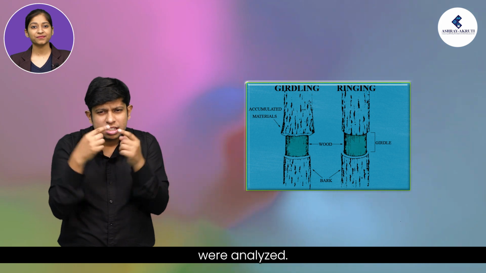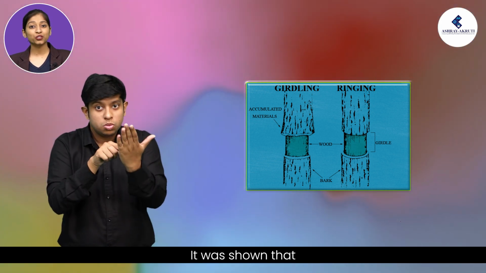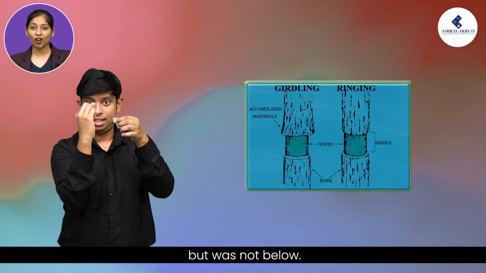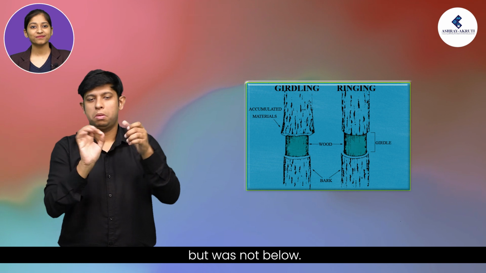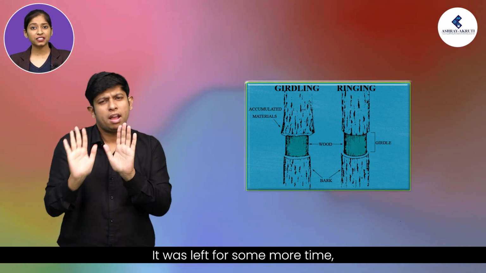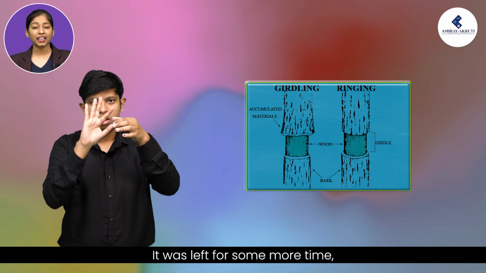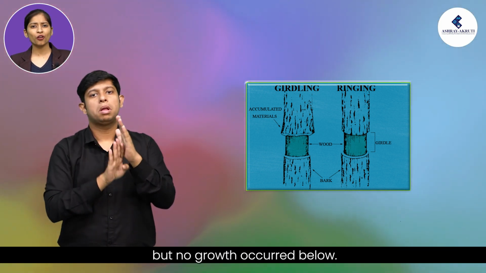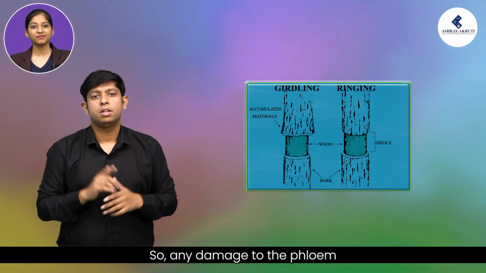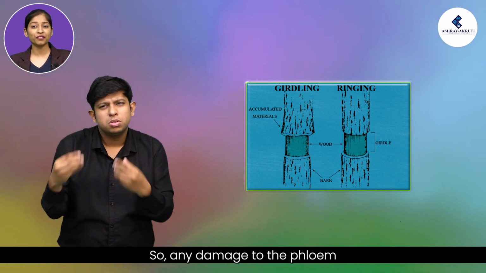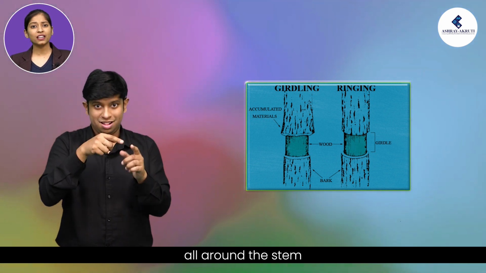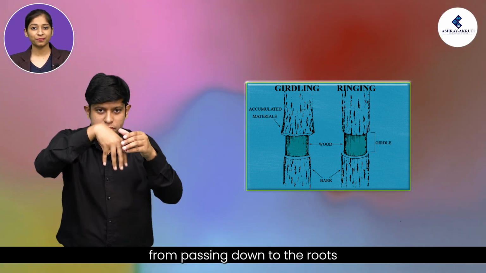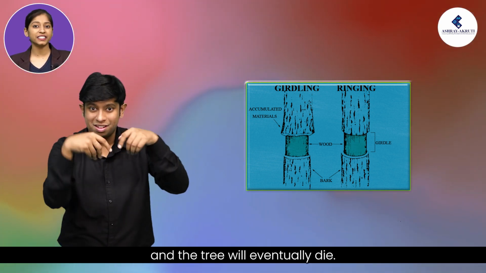It was shown that food had accumulated above the ring but not below. It was left for some more time, and the stem increased in thickness above the ring, but no growth occurred below. So, any damage to the phloem all around the stem will prevent the food from passing down to the roots, and the tree will eventually die.